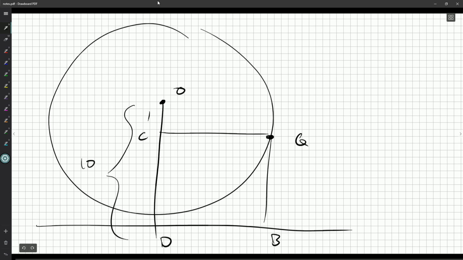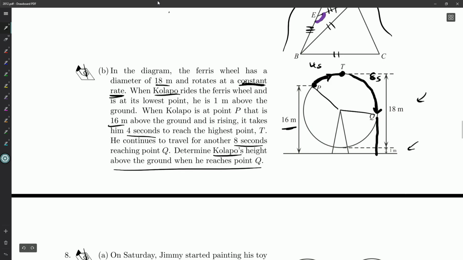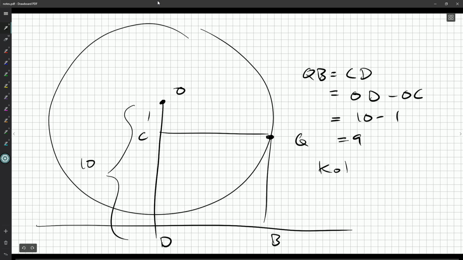So QB is the same as CD, which is OD minus OC, which is 10 minus 1. So it should be... Kalapo is 9 meters above the ground.